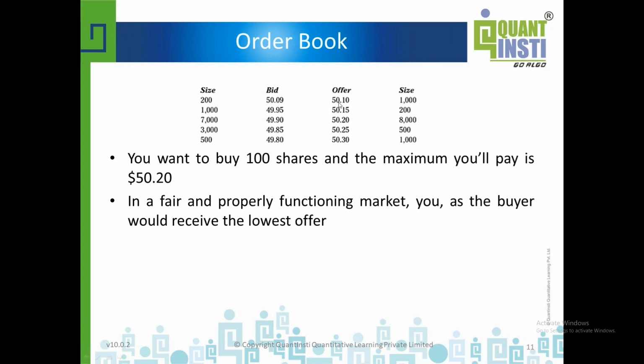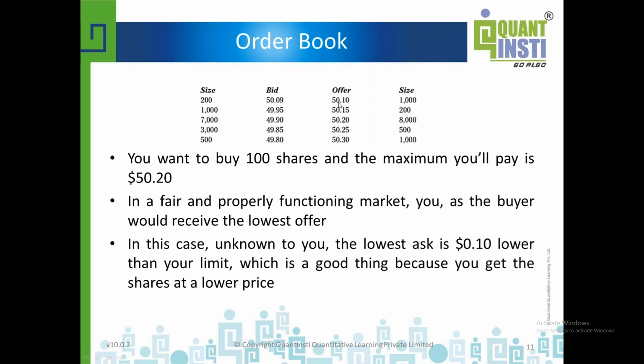All right. So in a fair and properly functioning market, you as the buyer would receive the lowest offer that the market can provide. So in this case, the lowest ask is 0.1 lower than your limit, which is a good thing because you get the share at that particular price. Is this clear?